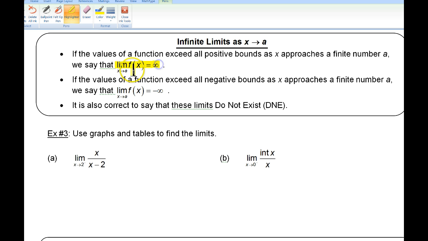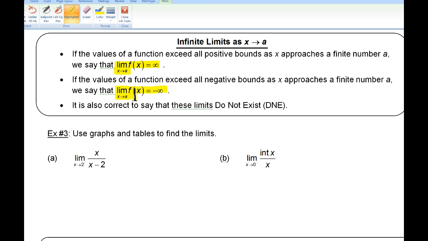Right, the last ones we were approaching positive and negative infinity. Now we're looking at what happens if you get an answer of positive and negative infinity. Basically, these are vertical asymptotes, which we'll also look at.